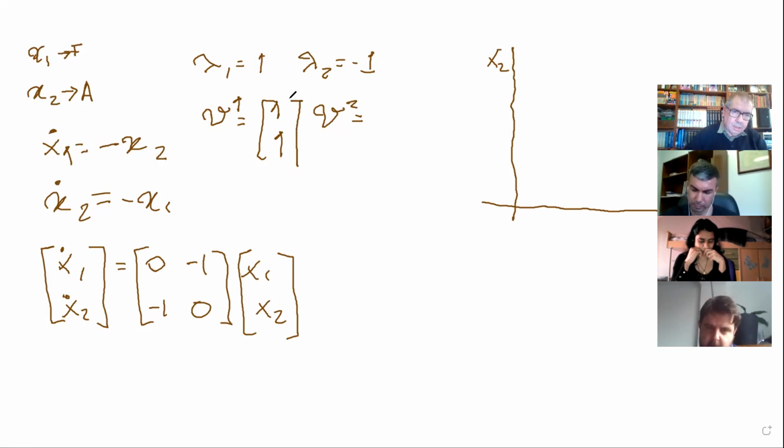As I said, if you don't learn anything else, you will learn how to compute eigenvalues and eigenvectors.